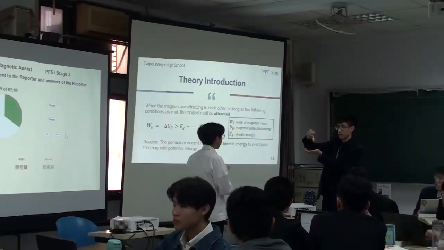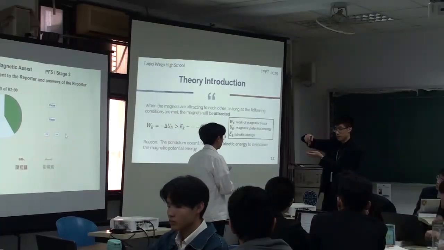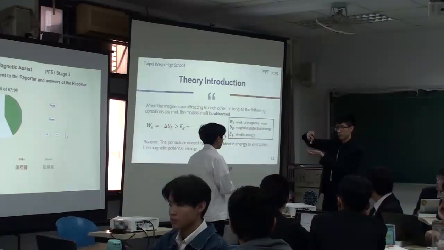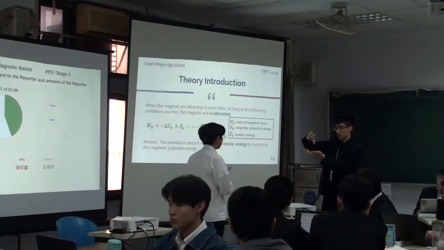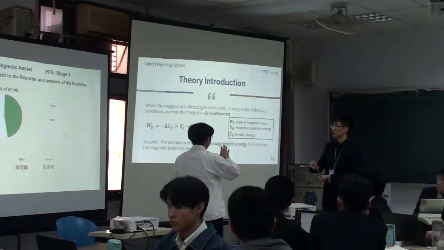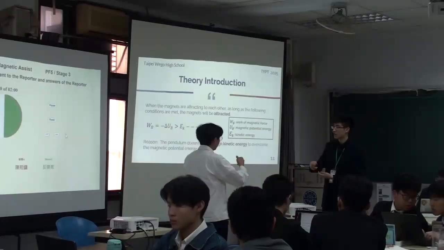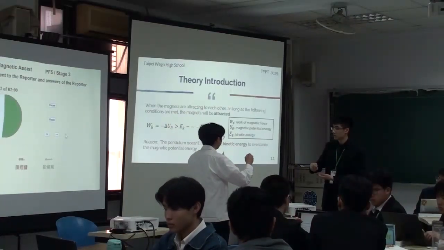So you will let it slow down. If the force between these two magnets is bigger than the kinetic energy here, it means the kinetic energy cannot provide enough energy to overcome the restriction. I mean the process is decreased.